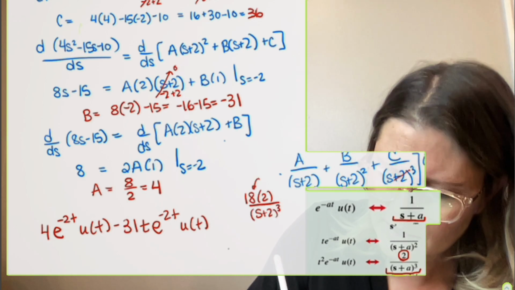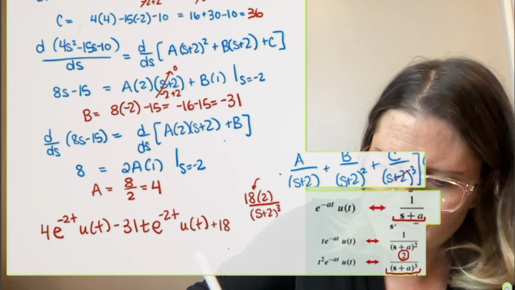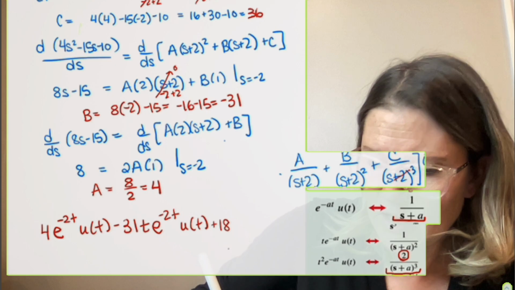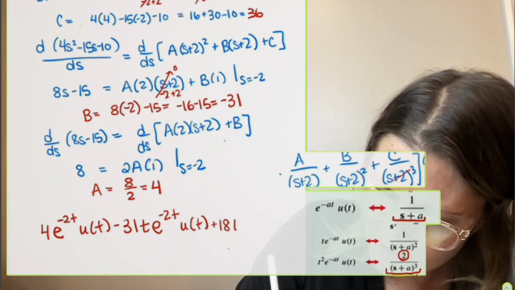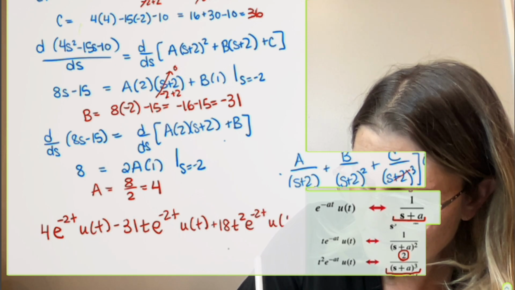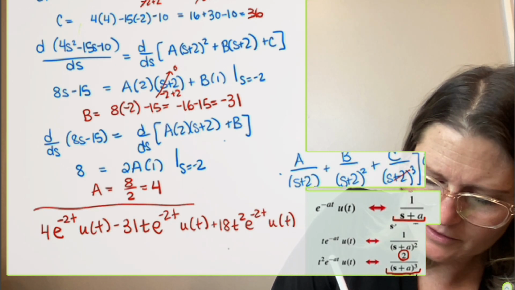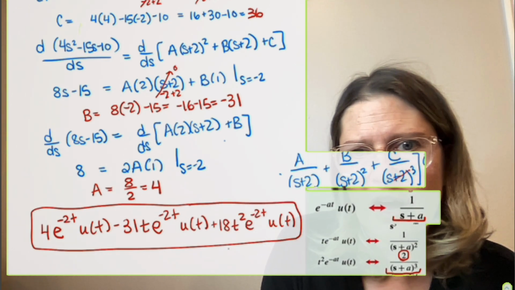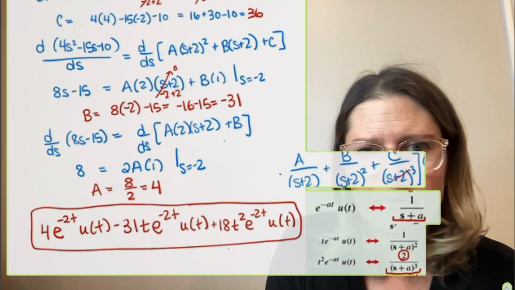And so the 18 comes out in front, and then t squared e to the -2t u of t.